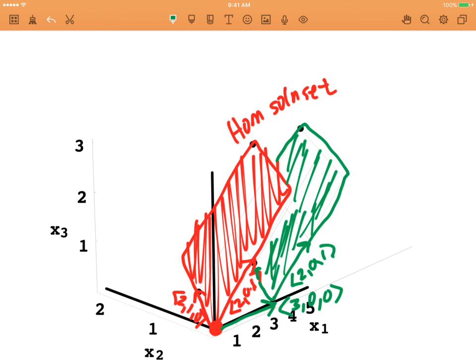So you take the red plane, and you just push it 3 units to the right, and you get the green plane, which is the non-homogeneous solution set, pushed over by this particular solution here, 3, 0, 0. Okay, and that's all for now. Have fun trying some of your own.